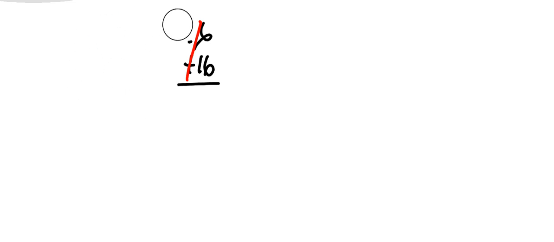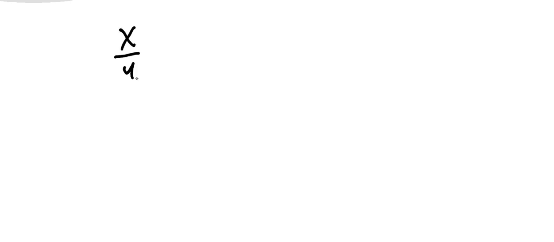Let's go over some more topics. So let's say we have this equation. X over 4 is equal to 5. How can we solve this? Well, one thing we could do is cross multiply. So we're going to multiply this x by the 2 and this 5 by the 4 and place them on this side.